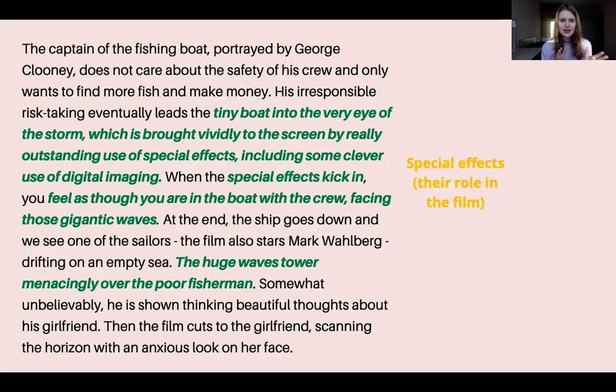So you see that the phrases are marked in green, and it shows you what the person talks about. For example, you feel as though you're in the boat with a crew facing those gigantic waves. So the person gives evidence of how special effects influence how they make you perceive the film. So what changes because of them.